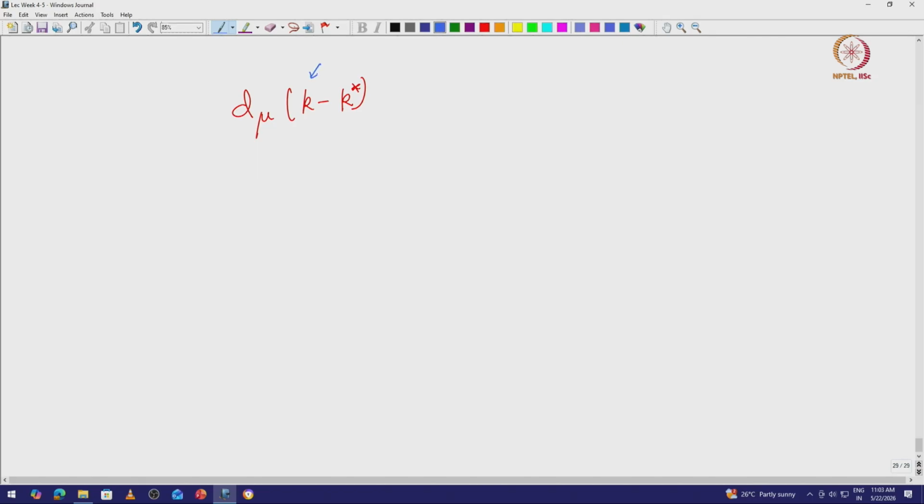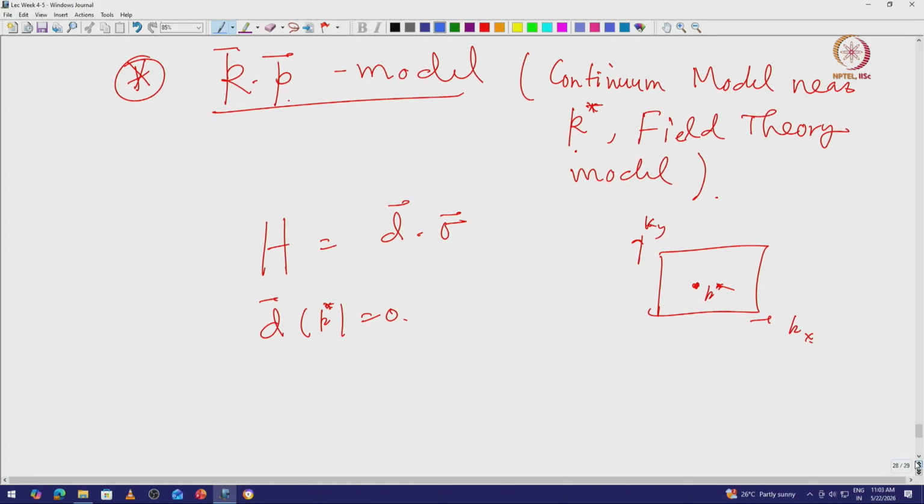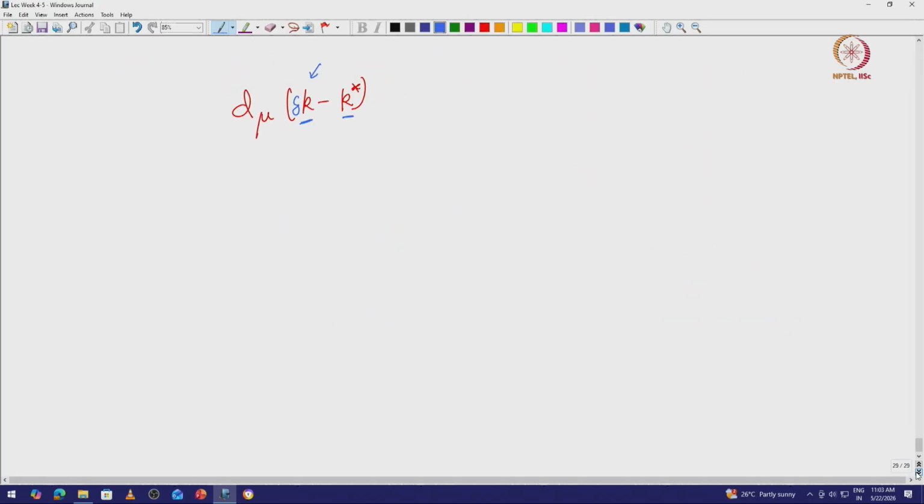So we are still calling it K with respect to K star, but rather one should call it delta K, some small wave vector with respect to K star. Now carrying a delta K is kind of complicated notation, and some people also call it Q, which is defined with respect to some K star, okay, and everything can be a vector.